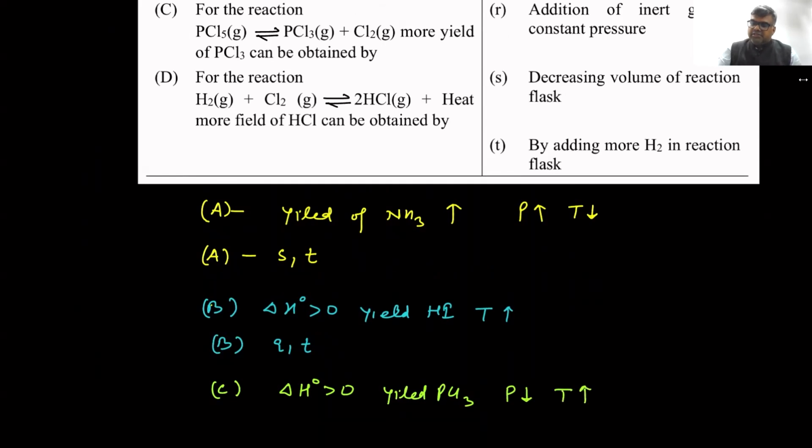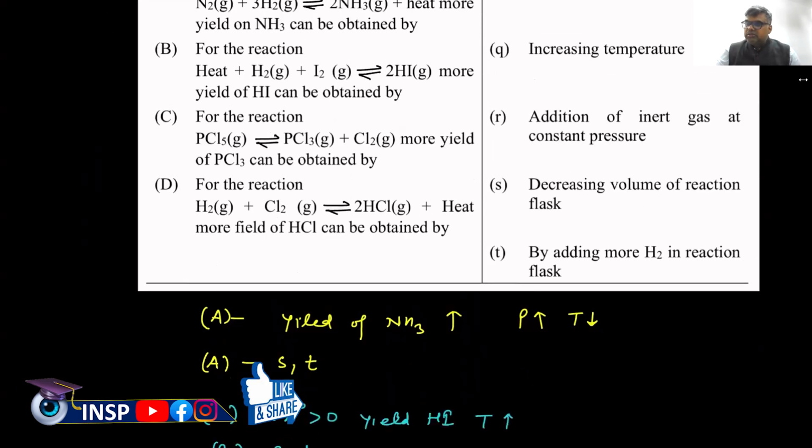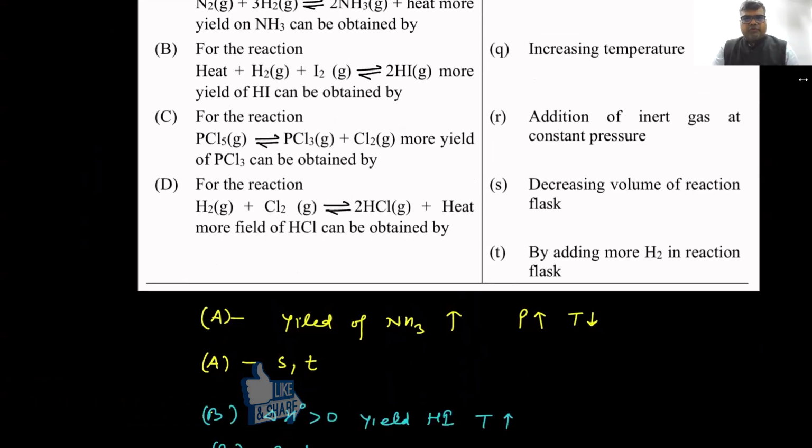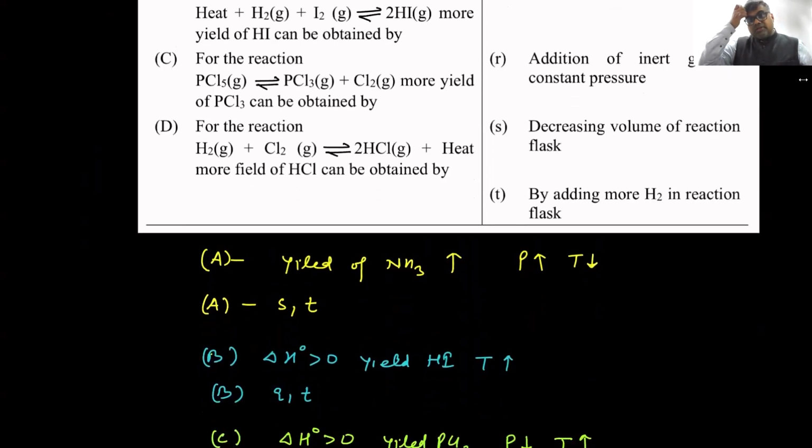So if a decrease of pressure is there, option P is correct. Q is also correct. Inert gas is added, so delta n is positive, a forward shift is there, that is also a correct answer. And S and T will not be correct, because if you add inert gas in a reaction at constant volume, hydrogen can be considered as inert gas in this case. Once the reaction is at constant volume, addition of inert gas will not have any impact, so that will not affect the yield of ammonia.